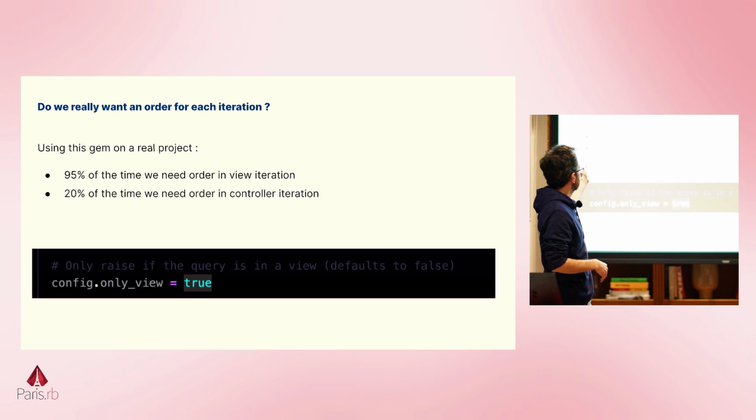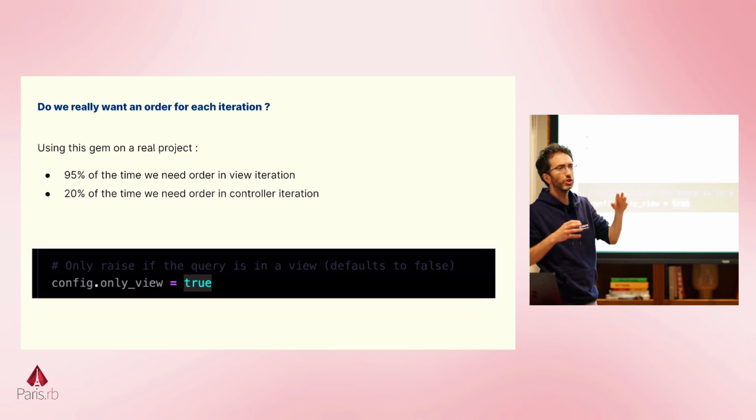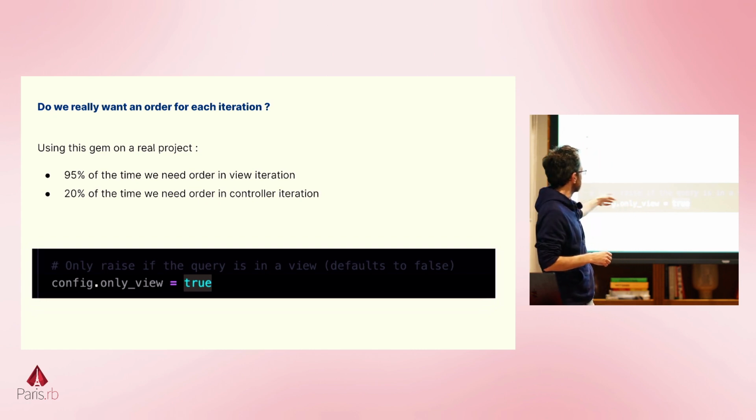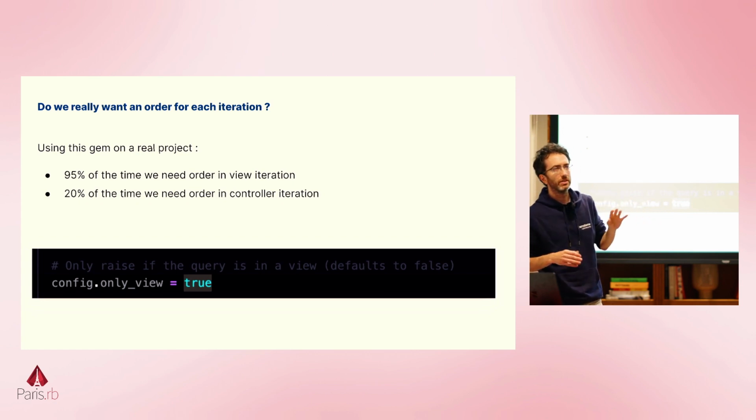But 20% of the time, in the controller, you just process data and you don't care about the order. So we added a configuration option to raise only in view. With this option, you can add the gem Order Cop in your project. You don't configure anything, and it will catch the most important missing orders.